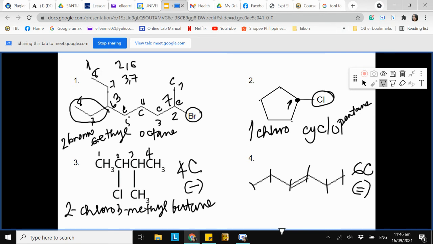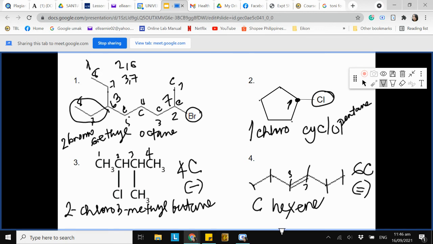So, this will become hexene. Okay? Now, this is base. Kung kahit saan tayo magsimula, it's gonna be the same thing. 1, 2, 3. So, 3. Kung dito tayo magsimula, 1, 2, 3. 3 din. Okay? So, lagay na natin isa lang.